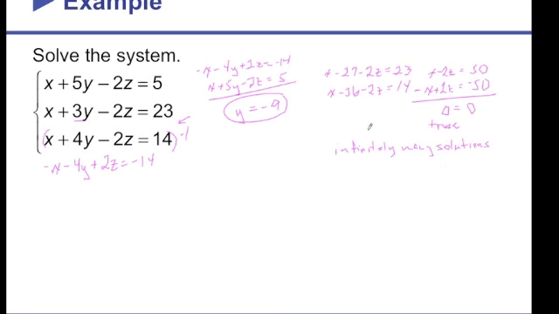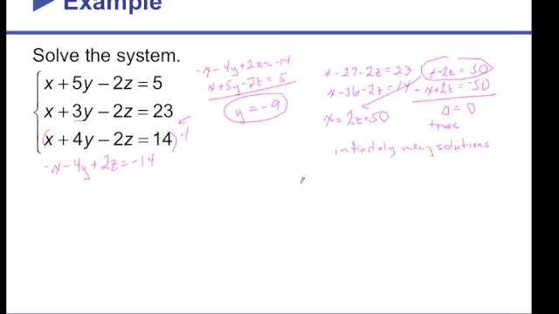That's what we have. Now I'm going to go with this equation and come down and solve that for x. So x equals 2z plus 50. And my answer choices are going to look a little different here.